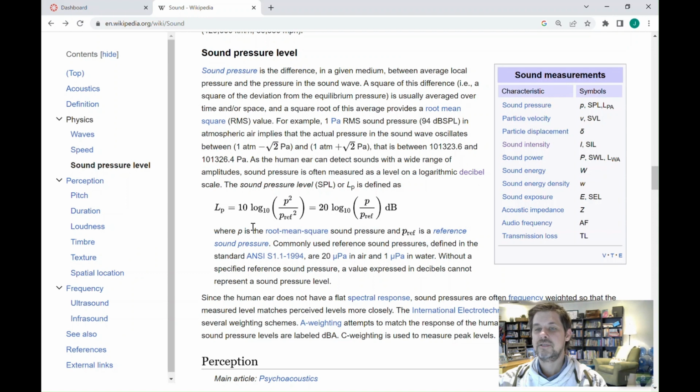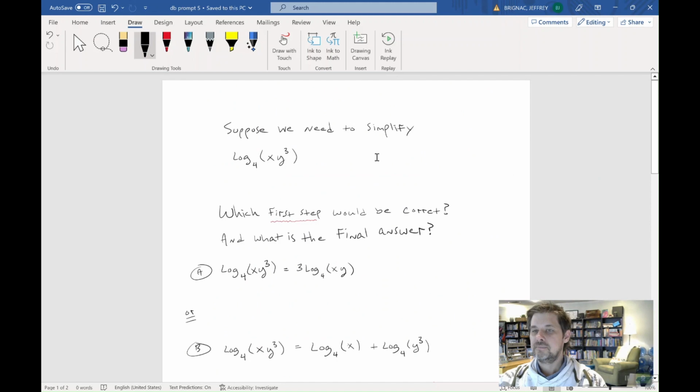Just like you see here, here's something kind of like what I want to ask you about right now, where this is simplified in a way that's consistent with the rules I've been telling you about in our class. I'll come back to this, but yes, logarithms are used for decibel measurements of sound. Now back to my question.